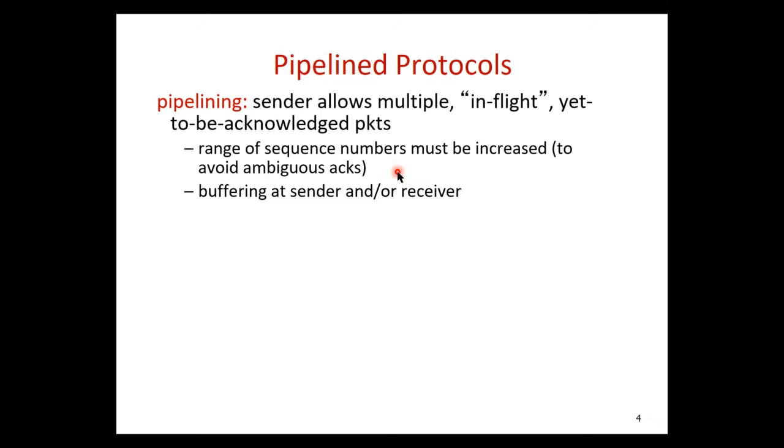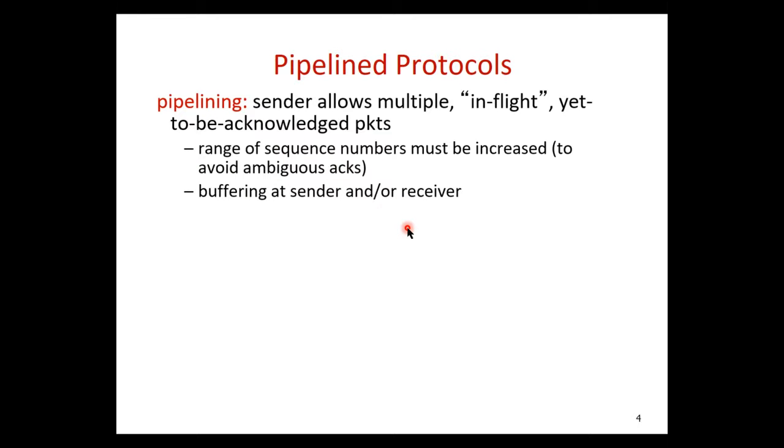There's a problem here, because if I receive ACK 0, I will not know which packet is being ACKed, since I sent 2 different packets with sequence number 0. So when we do pipelining, we need more bits for the sequence numbers. We need to increase the range of the sequence numbers to avoid ambiguous ACKs.